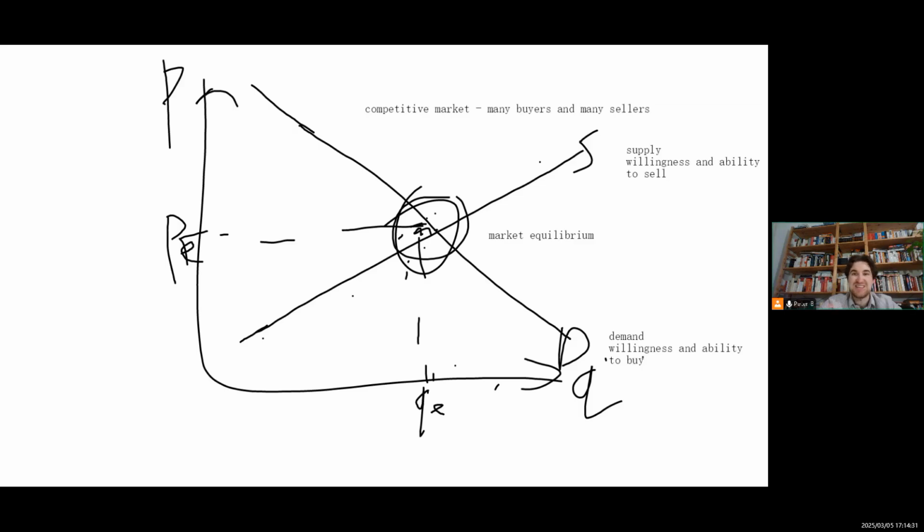Assuming that it's easy to sell and trade. And that is equilibrium summarized in a couple of minutes.